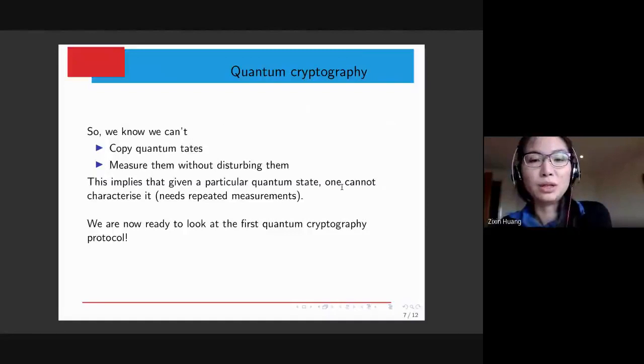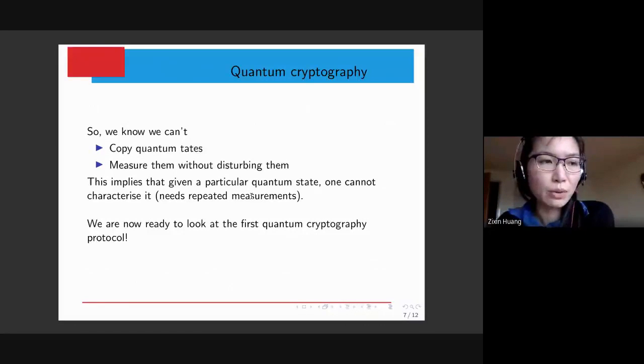Well, the emphasis there is that you only have one copy. Why is that important? Because if I give you many, many copies, and you can perform a repeated experiment on that, eventually you will figure out what it is.